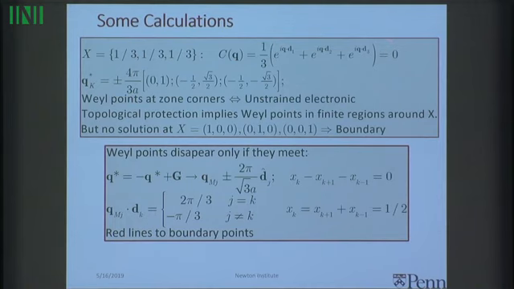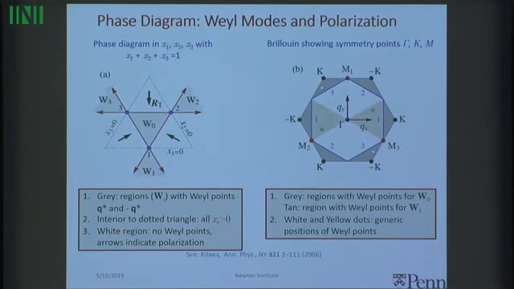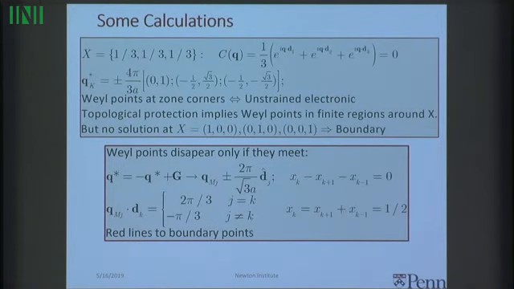So I have an e to the iq dot d1, and that cannot have any zeros. So up at this point, there are no zeros. In the vicinity of the other point, you have to have zeros, which tells us that there has to be some boundary that separates the two. And you can see how that goes.